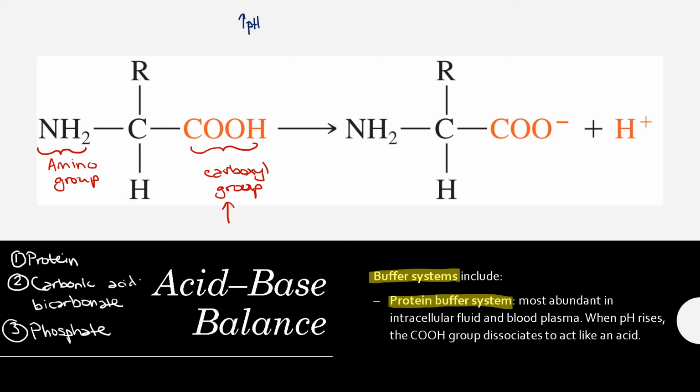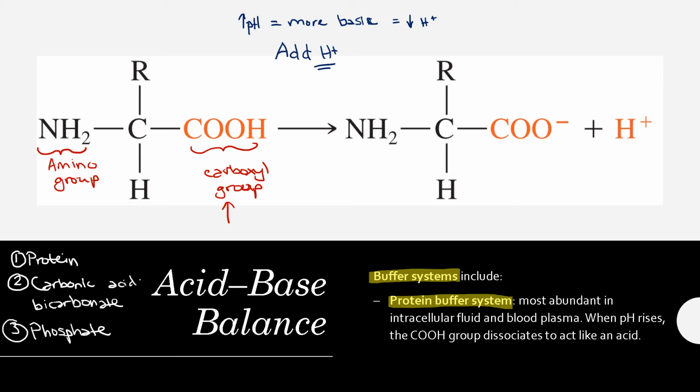An increase in pH means that it gets more basic, and if a solution is more basic, that means there are fewer hydrogen ions in solution. So in order to bring us back to homeostasis, we need to essentially add hydrogen ions. And this is what this protein buffer system is going to do. When we get a shift in pH, even a little bit, buffer systems work to either add or remove hydrogen ions in order to shift the pH back to normal.